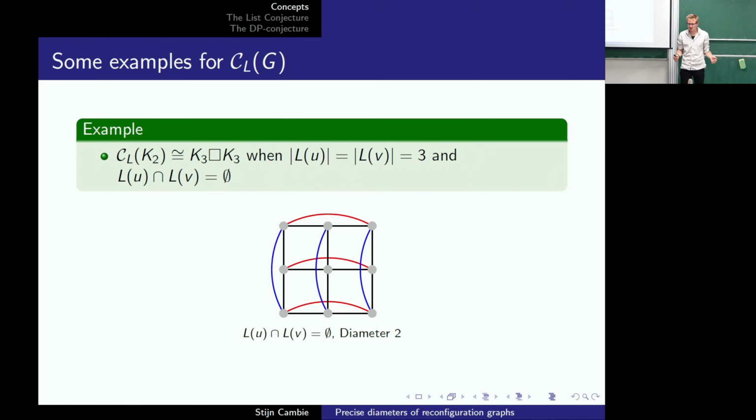And these colors are different, then you basically can reconfigure any vertex since you won't have any obstruction. And in this case, you have 3 choices for both sides. So basically, the reconfiguration graph is the Cartesian product of two K3s. I hope it looks like this.